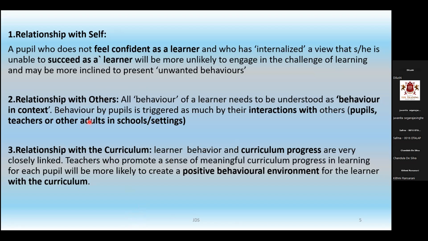So who are the others, or who are denoted as others? The other pupils, peers, teachers, or those adults that he will come across in his day-to-day life. It can be in the home setting, it can be in the school setting, anyone who will have some kind of influence on the child's behavior, right?